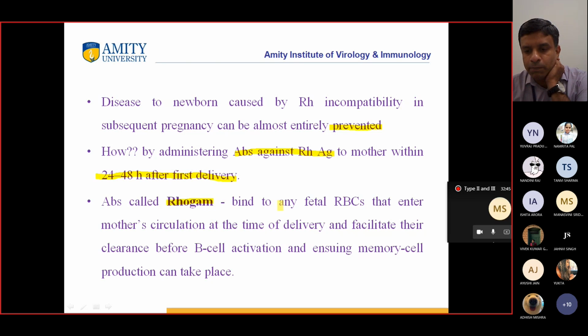They bind to any fetal RBC that enters the mother's circulation at the time of delivery, and that leads to their clearance before B cell activation and ensuing memory cell production takes place. Because the problem is the memory cell, right?